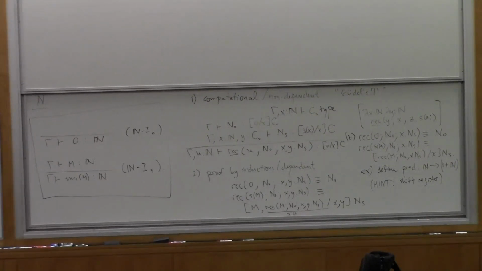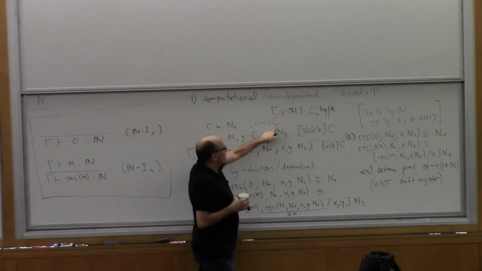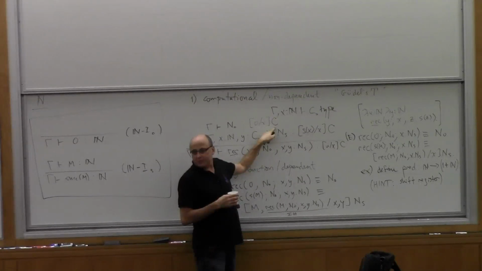What's the difference between one and two? Oh yeah, it was just dependent or non-dependent. I thought starting out with a non-dependent case might be helpful. Dependent means that I'm dealing with a family of types, so the elimination works as an induction principle as opposed to merely a recursion principle.